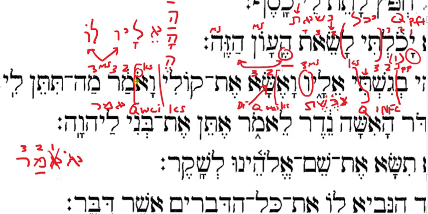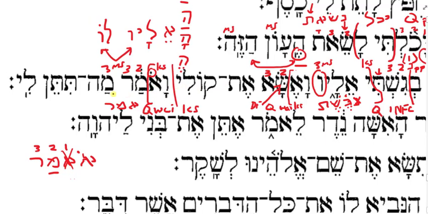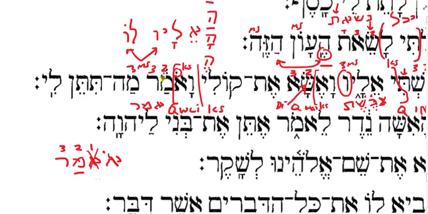Okay, so va omar is and I said. So I lifted up my voice and I said, ma titen li. What's ma? What? Titen? This is which verb? Nathan. That's right. So this is the verb Nathan. Where is my root 1 noon of Nathan? It has assimilated.